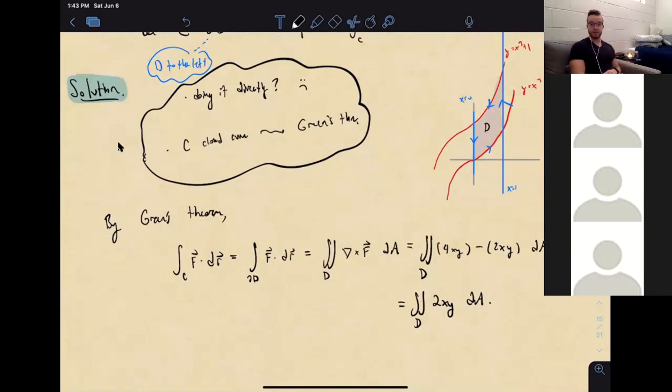And again, I said this in the previous problem, but what we've done is Green's theorem acts as a bridge from the world of line integrals to the world of double integrals. And we've walked across that bridge. So now all we're looking at is a double integral. And we're back in time to week 2 or week 4 or something like that. We just have to do anything we need to do to figure out the double integral.